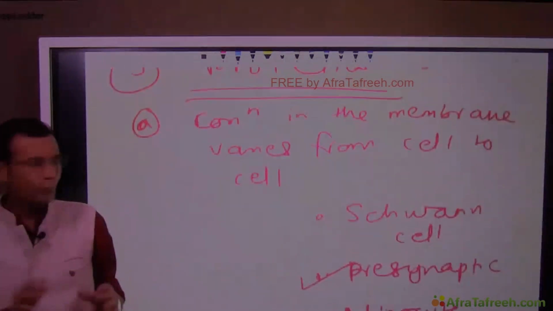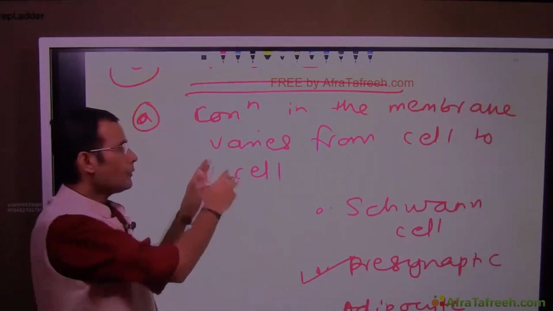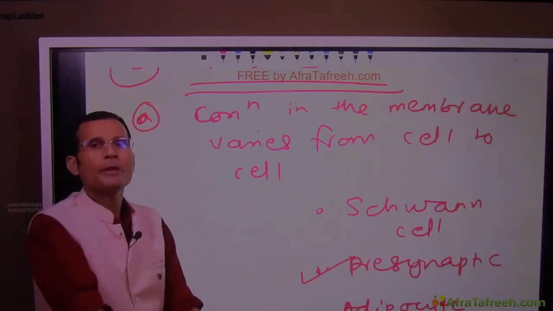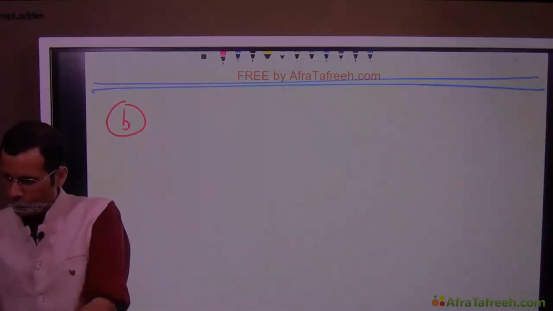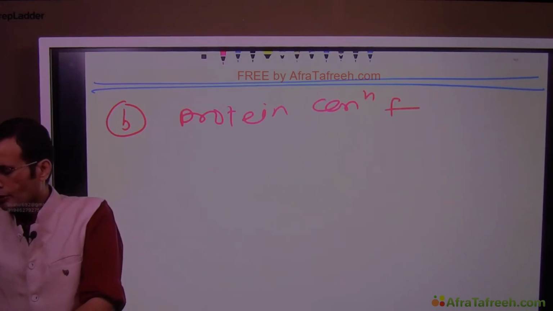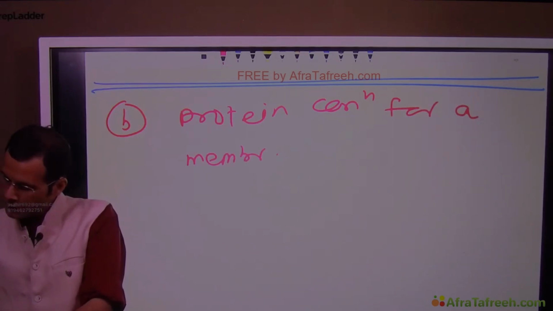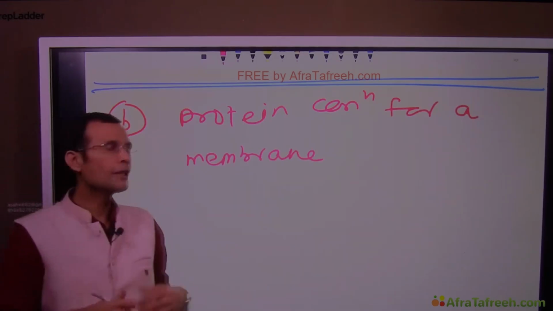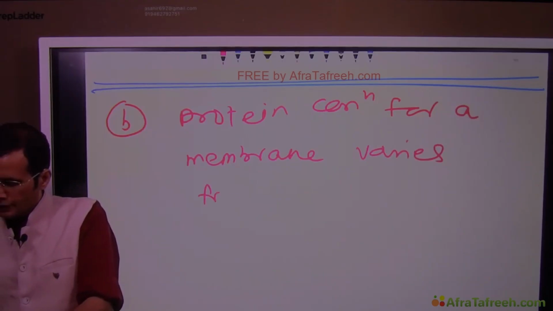But the point was, the protein concentration varies from cell to cell or membrane to membrane, and we saw the examples. The other point is, the protein concentration for a particular cell or a particular membrane varies from time to time.